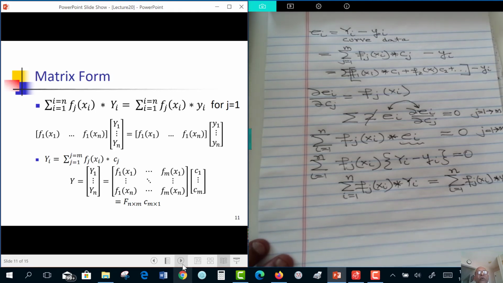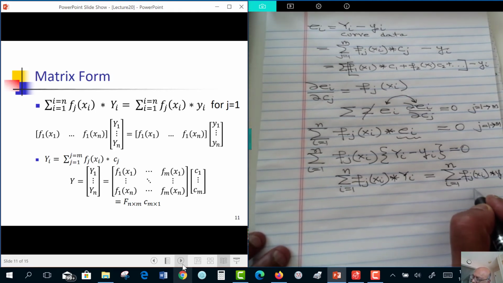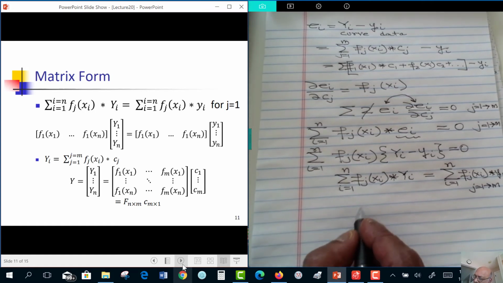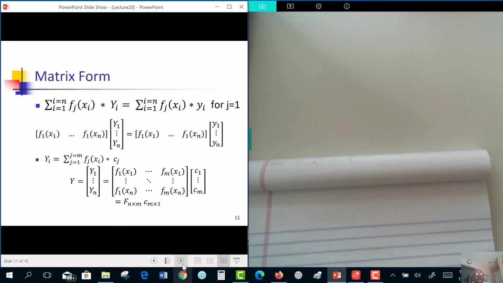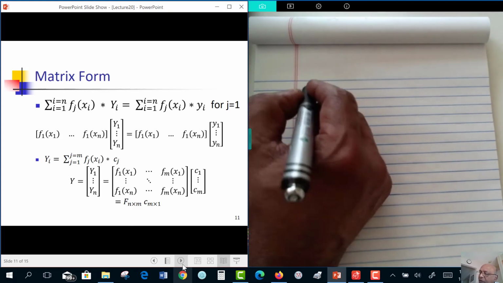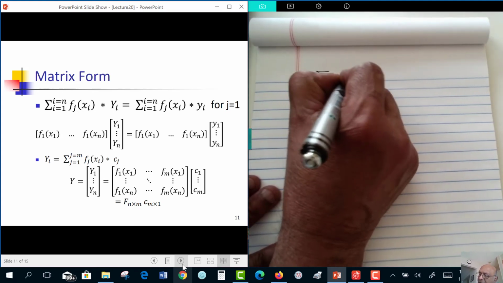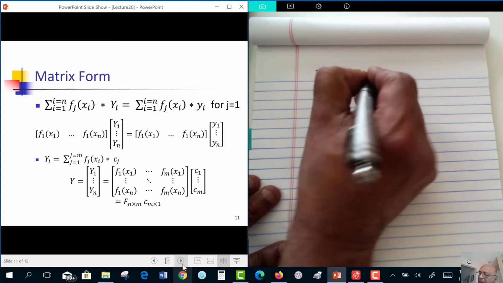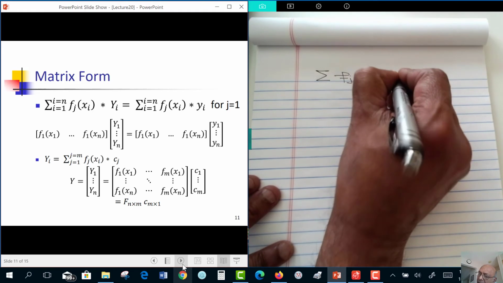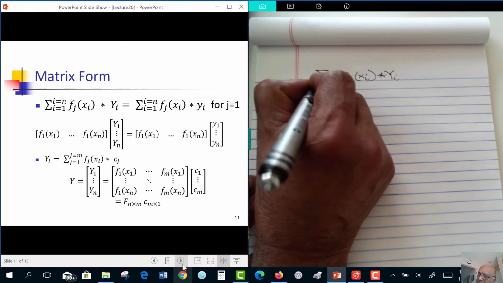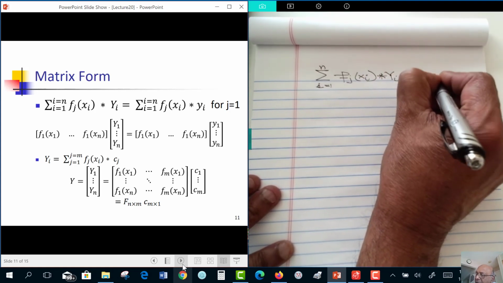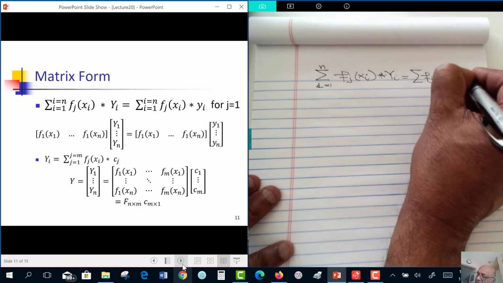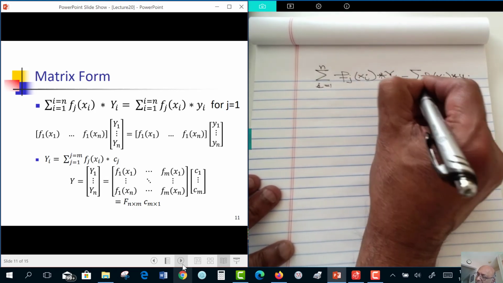So let's look at just one equation for, so this is one equation, right? j 1 to m. So let's look at what it will look like for one equation. So our equation, remember, is fj of xi big yi, i 1 to n, equal to fj of xi times little yi, i 1 to n.